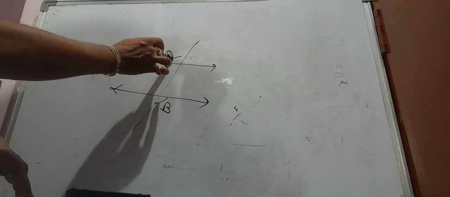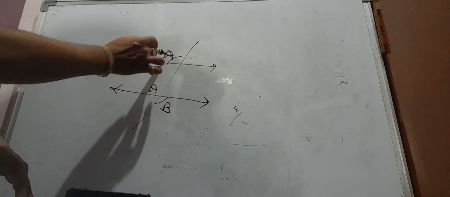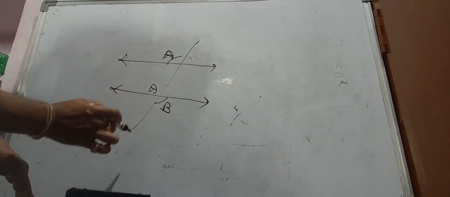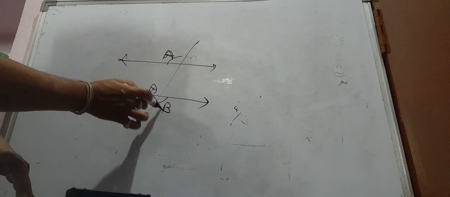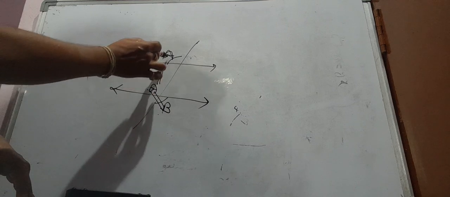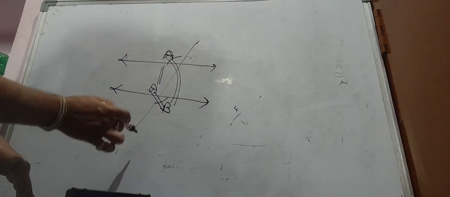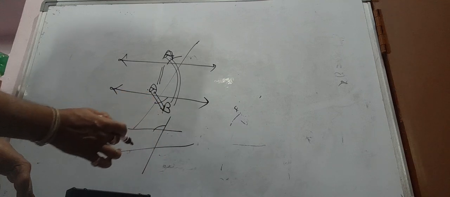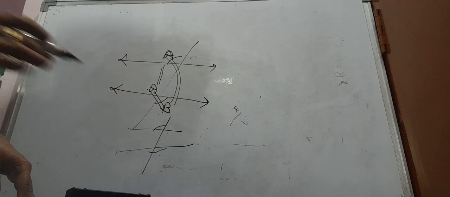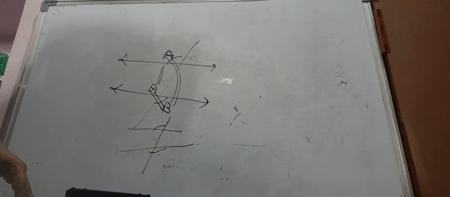As A is here, we can write A here because these two are corresponding angles, but these two are vertically opposite angles, so they are equal. These two are equal, so automatically these two are equal. So whenever two parallel lines are cut by one transversal, the exterior alternate angles are equal. So interior alternate angles are equal, exterior alternate angles are equal.